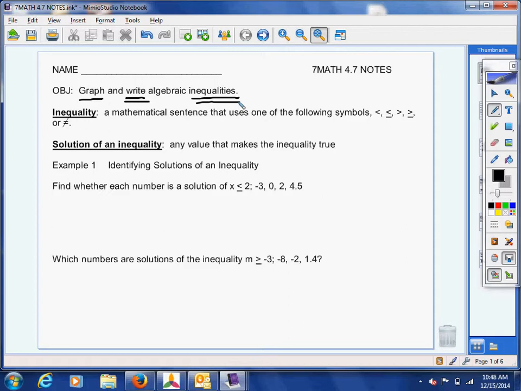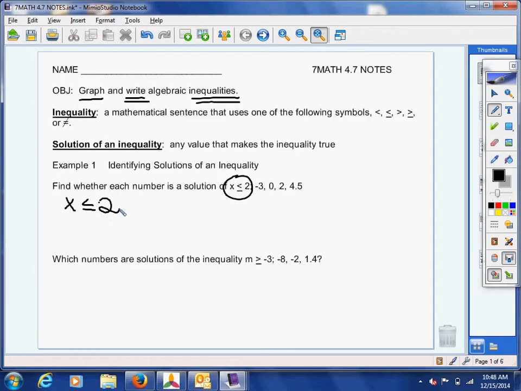So the solution of an inequality is any value that makes the inequality true, then it's a solution and we can count it, okay? So example 1 is going to help you visualize, how do I decide if a number is a solution or is not a solution? Okay, so they gave us this inequality right here. x is less than or equal to 2.